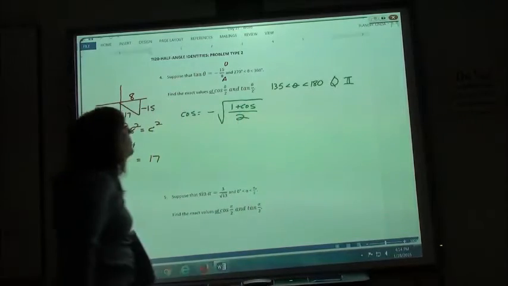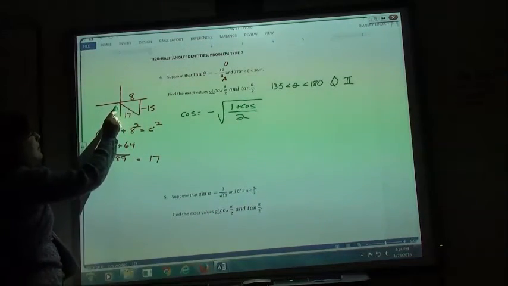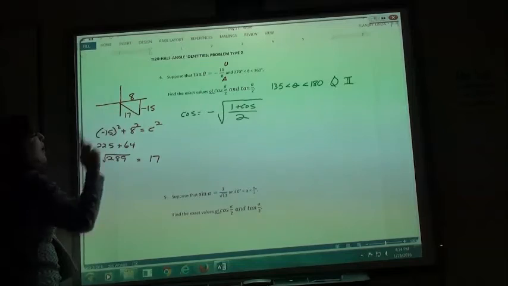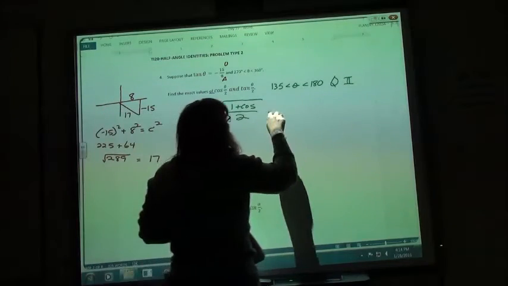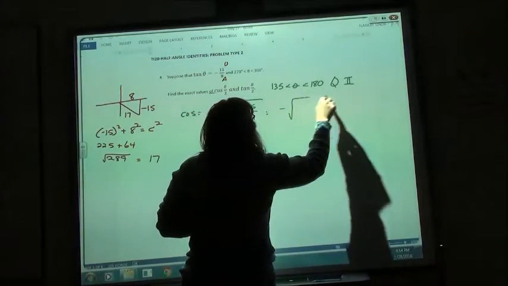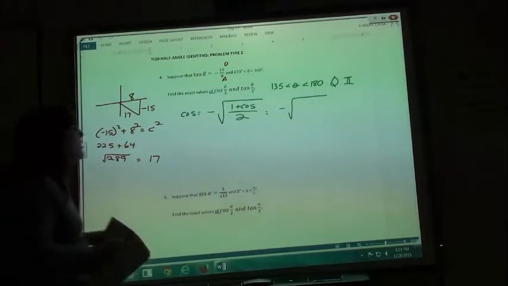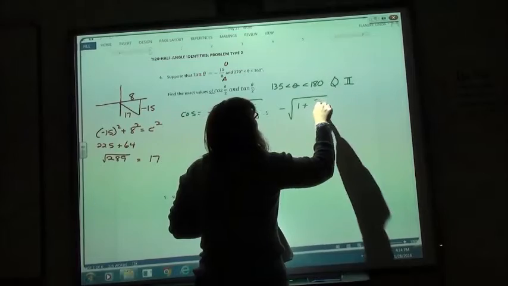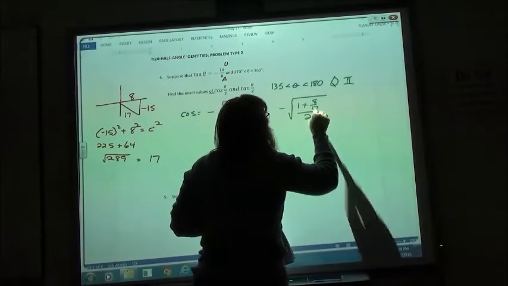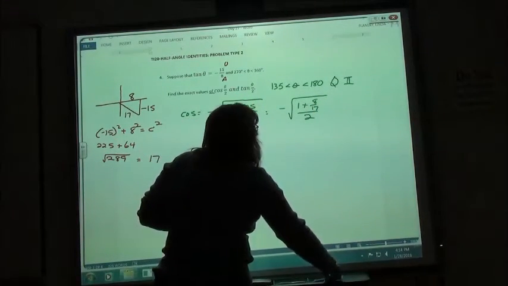And I am going to use 1 plus the cosine over 2. My cosine, the adjacent over the hypotenuse, is 8/17. So I have 1 plus 8/17 over 2. I want to simplify that.